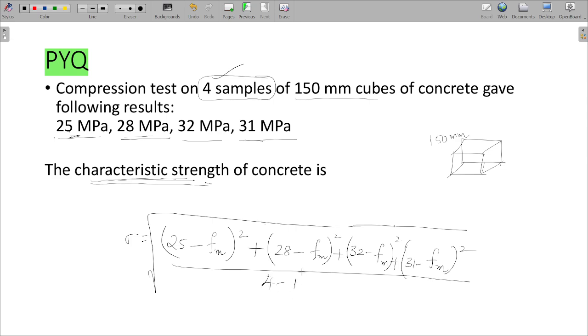N is 4, so 4 minus 1. If we calculate this value, we will get sigma.